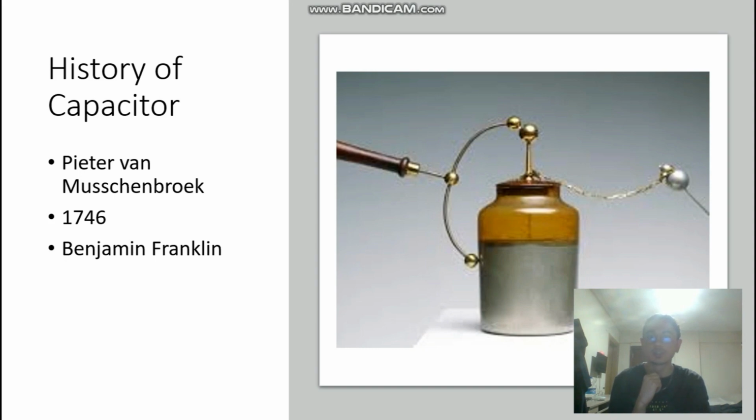It was a glass jar wrapped inside and out by a thin metal foil. The outer foil was connected to the ground, and the inside foil was connected to the source of electricity.